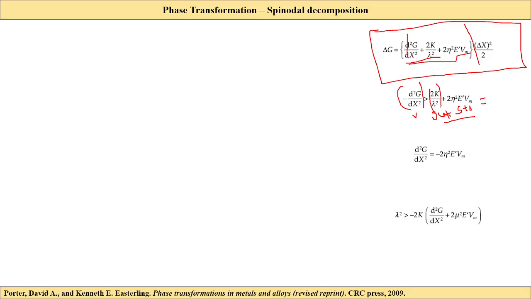The thickness is quite large, so my lambda tends towards infinity. Then what I am left with is the volumetric free energy and my strain energy.